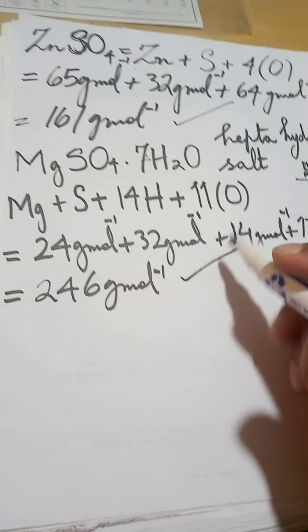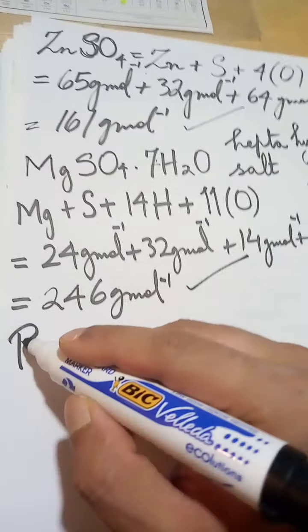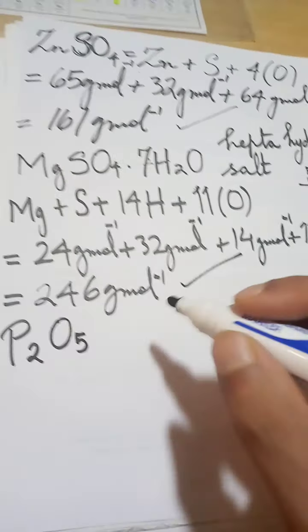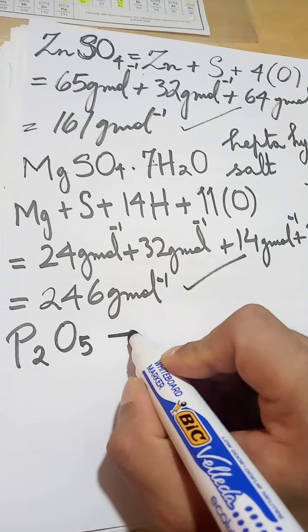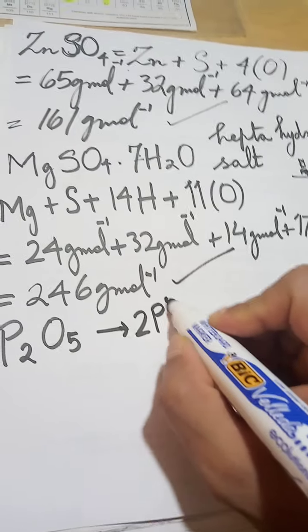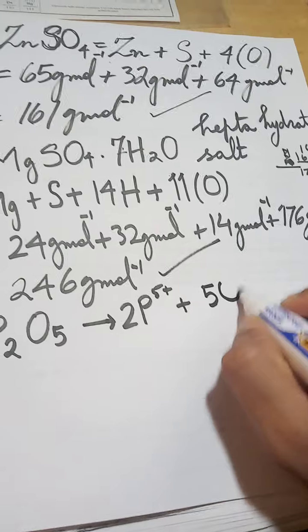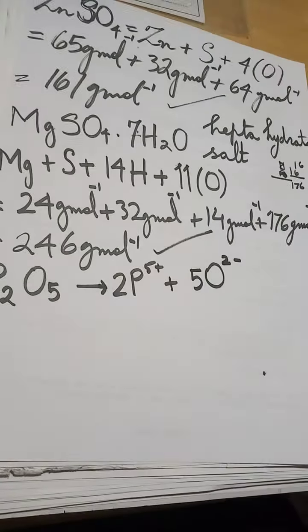And then we do diphosphorus pentoxide. See the ionic equation? That's how you do it.